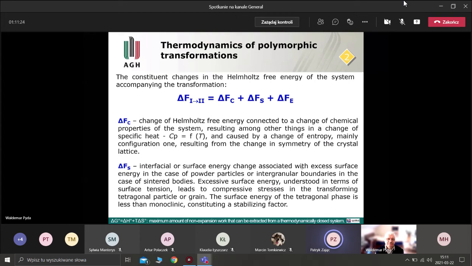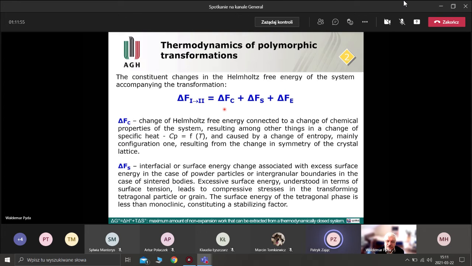As you can see, the first is the change of Helmholtz free energy. There are three components. Could you please describe how to understand those three components? To what are they attributed? The first is attributed to the change of specific heat.